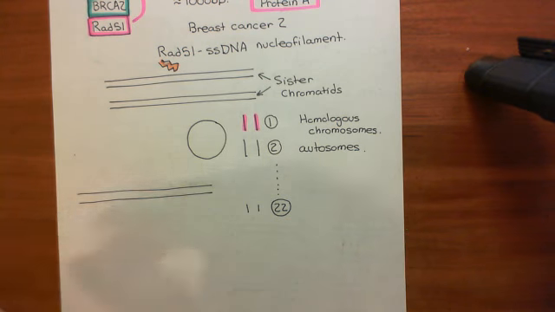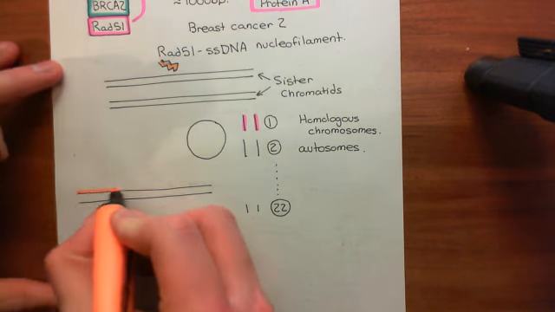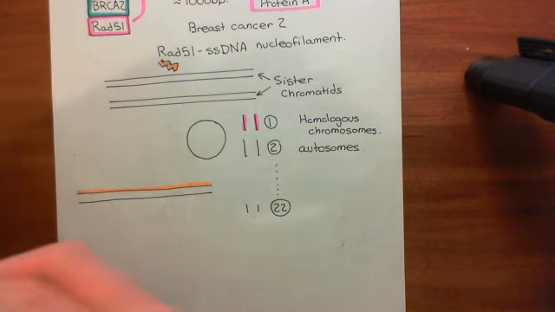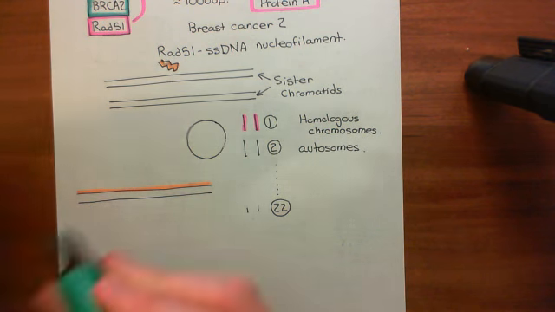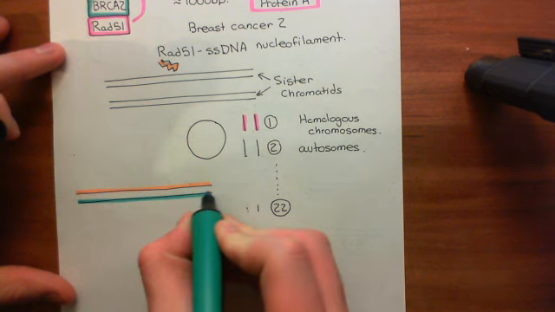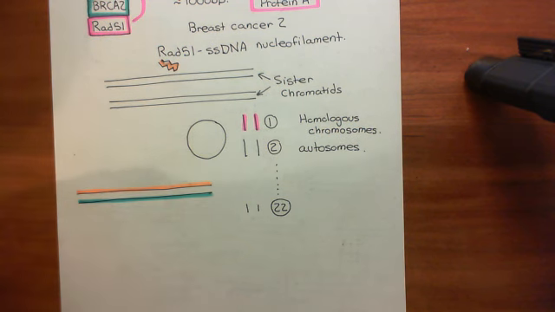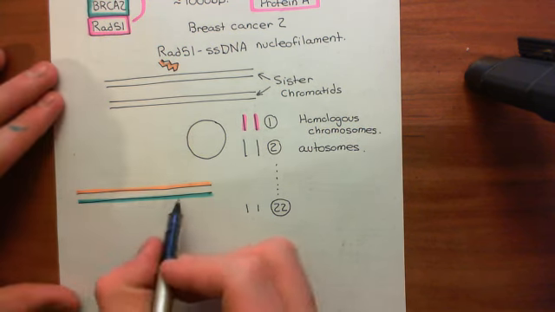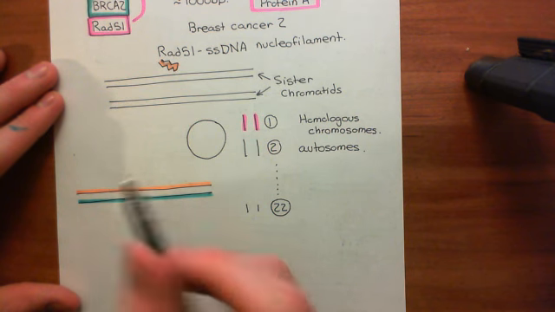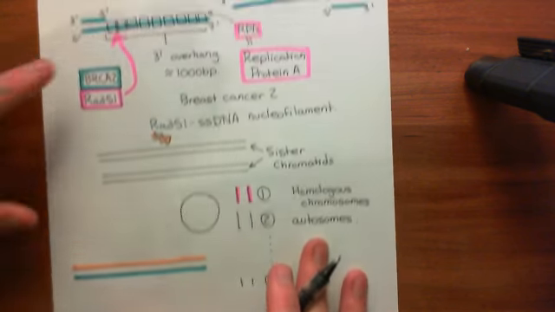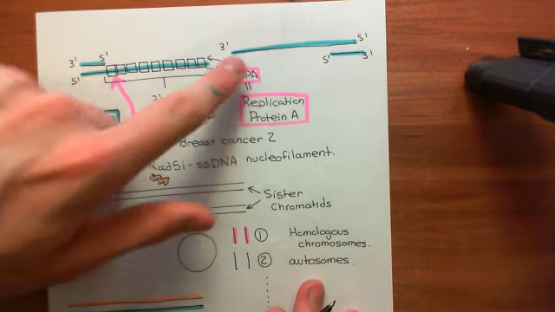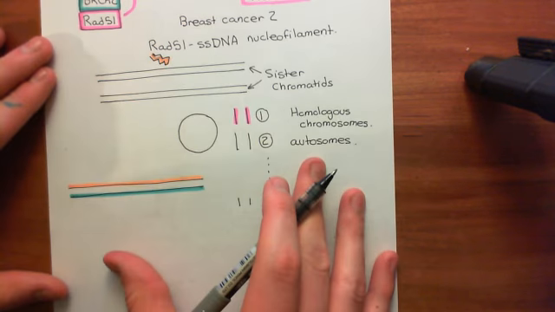So let's colour this in. We'll colour in the two different strands in different colours, which is going to help us in a moment. So we've got one strand in orange and one strand in turquoise. And let's say this region of this chromosome, whether it's a sister chromatid or a homologous chromosome, is the corresponding region for this portion that has been broken here.